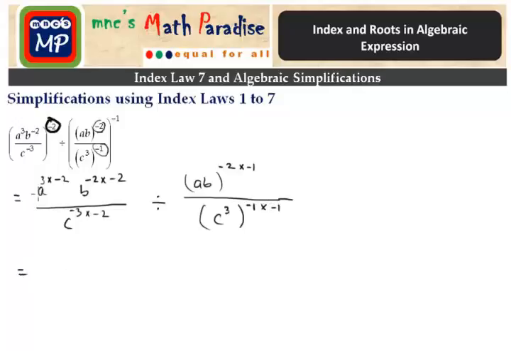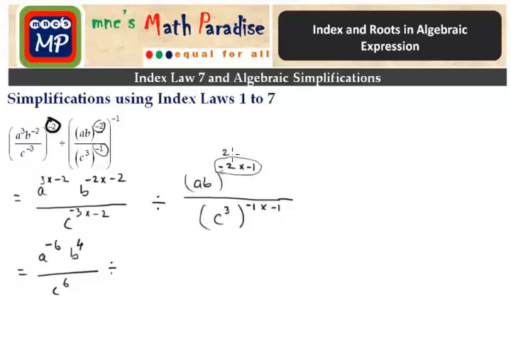So now if we simplify, a to the power 3 times minus 2 is minus 6, b to the power minus 2 times minus 2 is plus 4, c to the power minus 3 minus 2 is c to the power plus 6, division. Now for a and b, minus minus is plus, so it is 2.